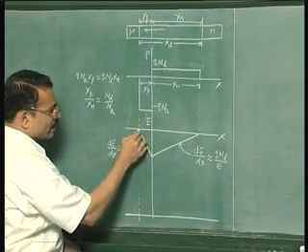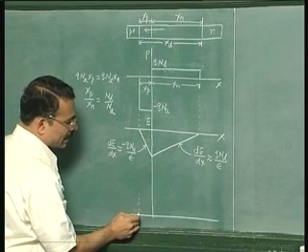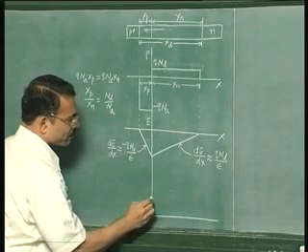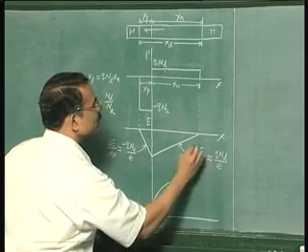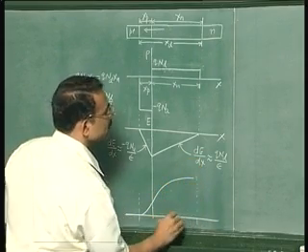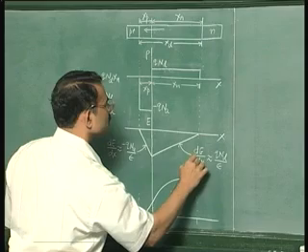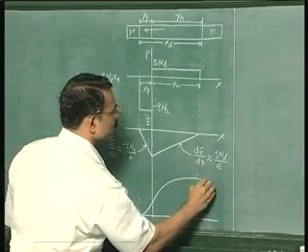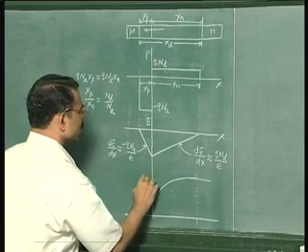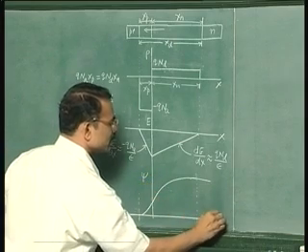If you integrate the straight line portions, you will get a parabola like curve like this and like this. And then the potential is again constant. So this is psi, potential versus x.